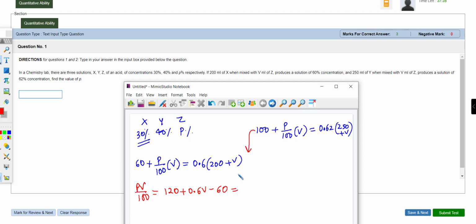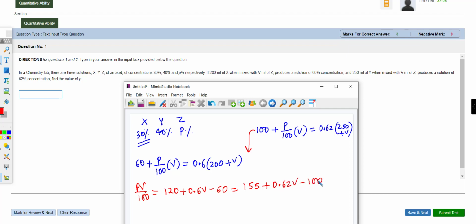6.2 into 25. Let me use the calculator here, just a second, because I am not able to concentrate on this multiplication. 0.62 into 250 is equal to 155. So this is equal to 155 plus 0.62V minus 100.